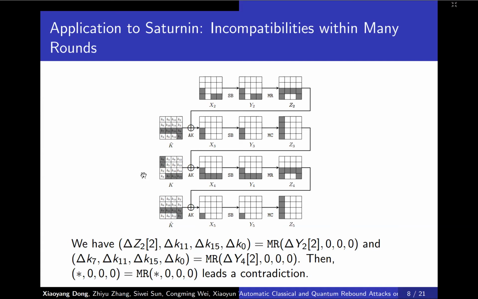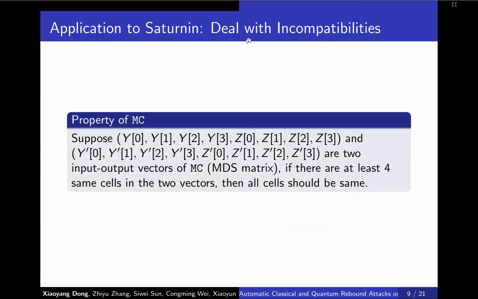So this four-round differential is incompatible. To overcome these incompatibilities, we introduce a property of MC. Suppose these are the input and output of MC, and this is also the input and output of MC. If there are at least 4 same cells in the two vectors, then all the other cells should be the same. So we use this property to delete many impossible differentials.